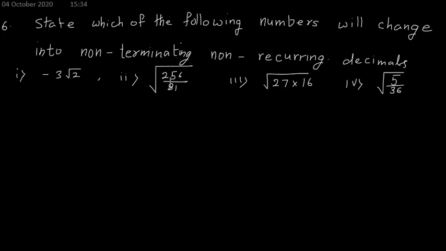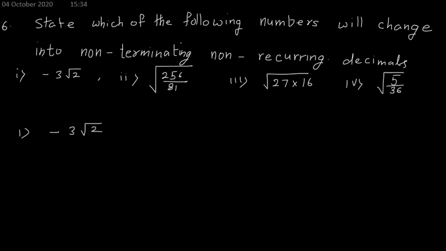Now, sixth problem: state which of the following numbers will change into non-terminating, non-recurring decimal. A number which is irrational, when we convert it in decimal form, is non-terminating, non-recurring. So here the first question is minus 3 root 2.